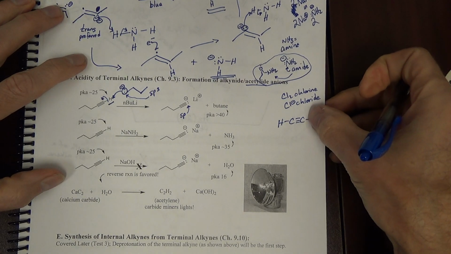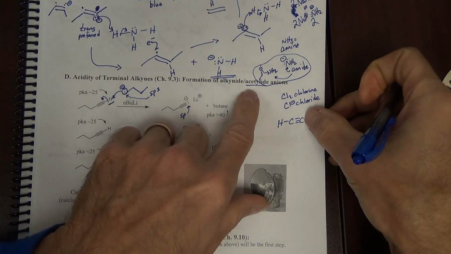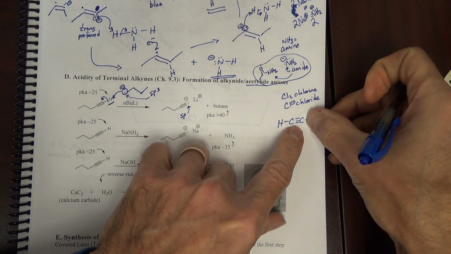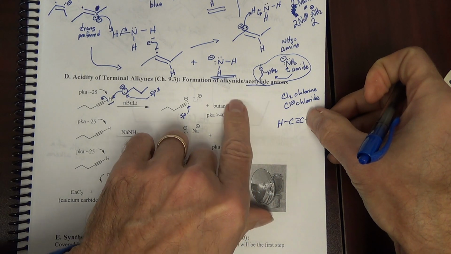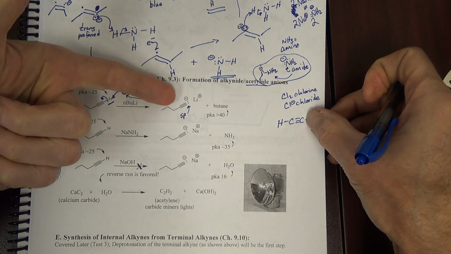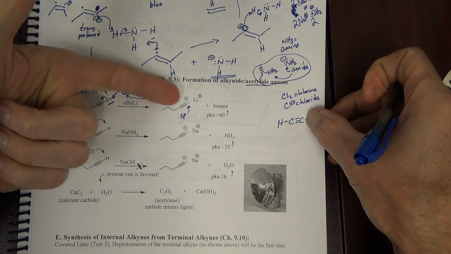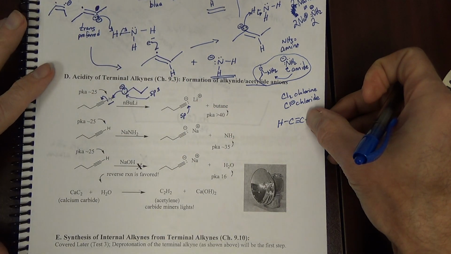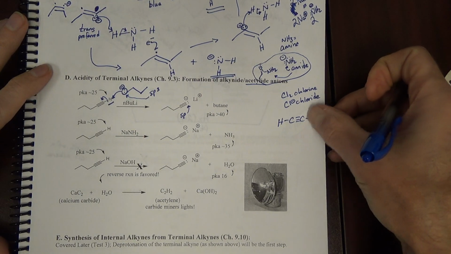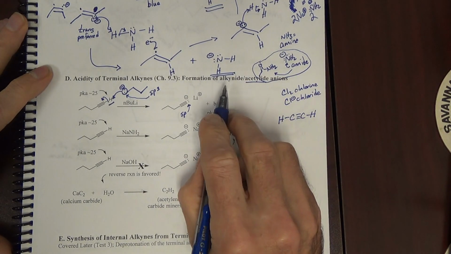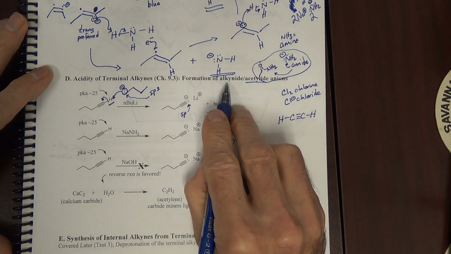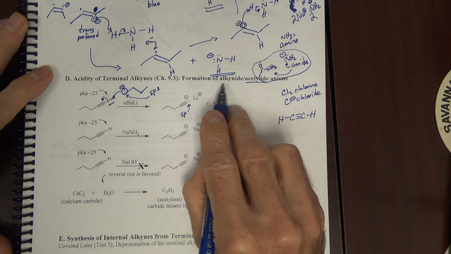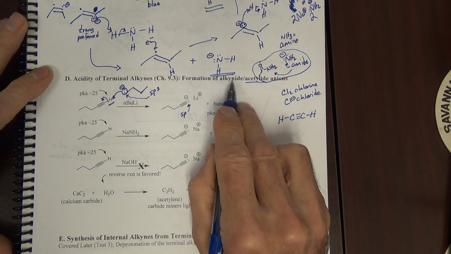If you make the anion here, it would certainly be the acetylide anion. But it's common to call almost any alkyne anion like this an acetylide anion. Now, a more general name is an alkynide anion. But you just don't hear that term quite as much.